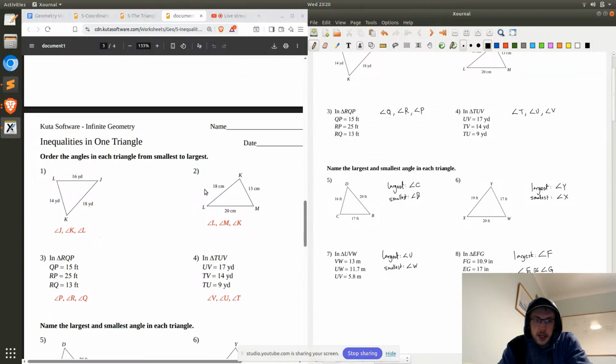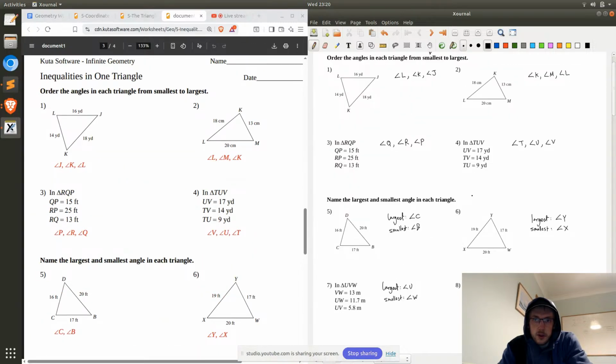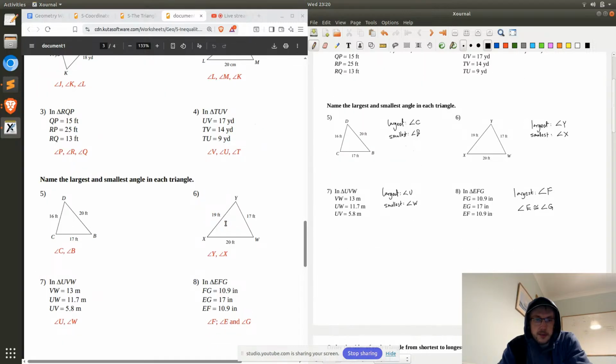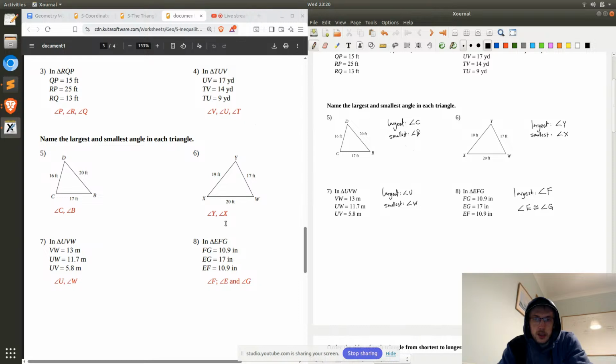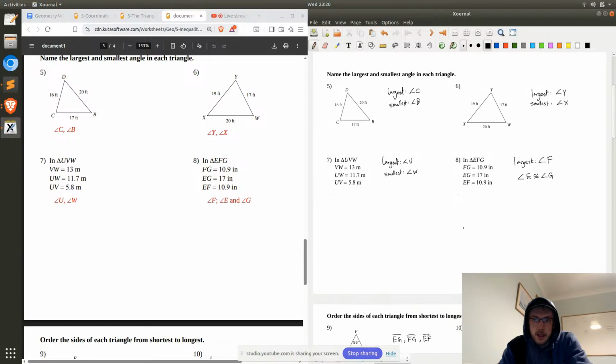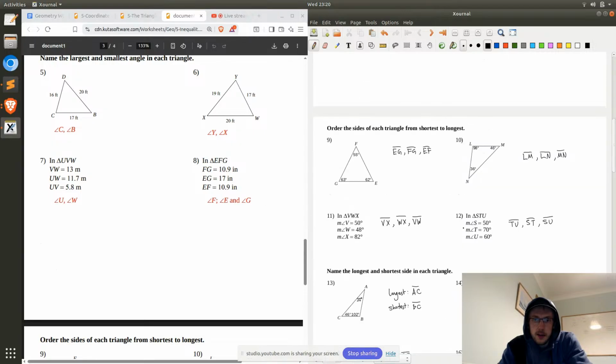Okay, LMK, QRP, VUT. Yes, I get it. It was from smallest to largest. Okay, that's correct. And so is that.